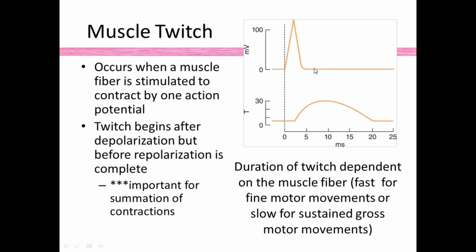Last week we talked about the absolute refractory period, where once you've depolarized the neuron and opened the sodium channels, you've entered the absolute refractory period because you won't be able to send another signal through until those sodium channels close, reset, and are ready to be opened again. So that was the absolute refractory period, dependent on the sodium channels.